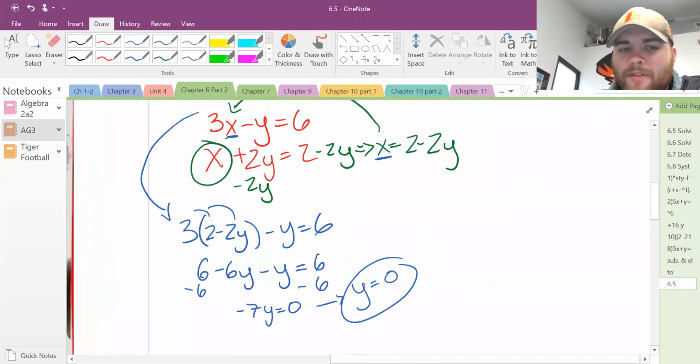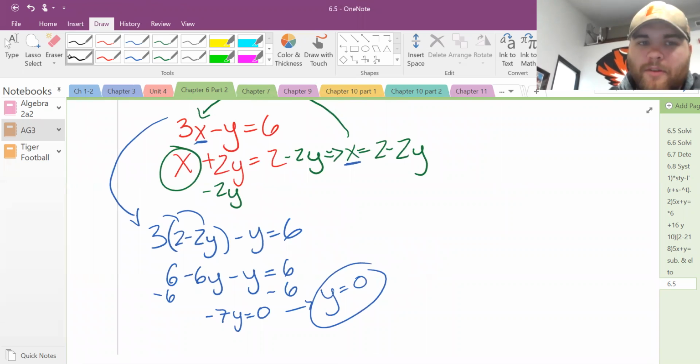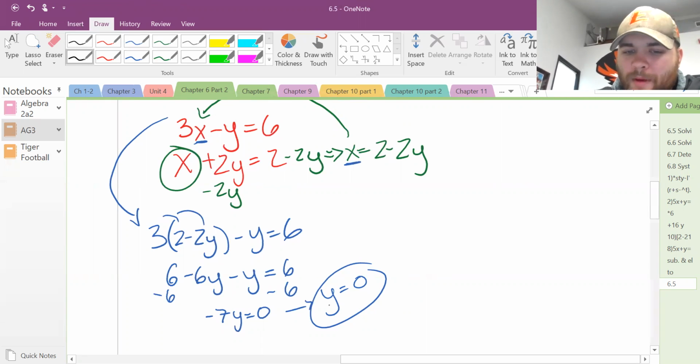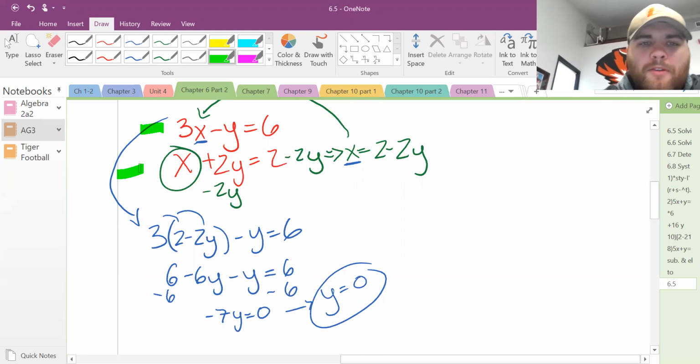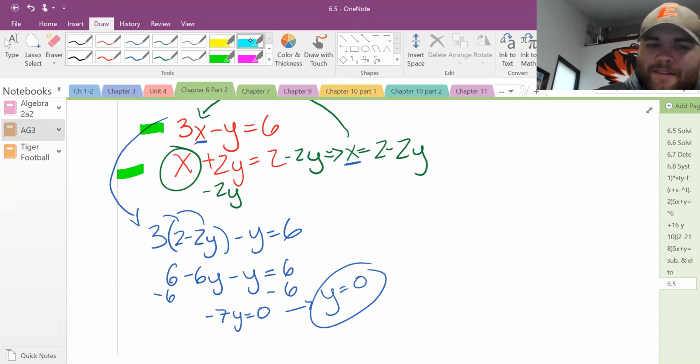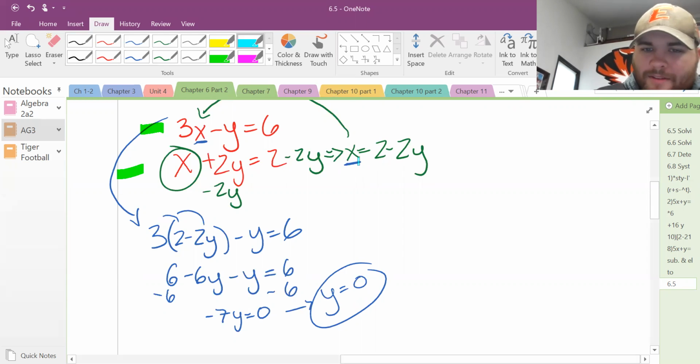Now here is the third and final step. I'll switch colors, I'll go to black now. I want to plug into one of my equations this y value to find x. But here's the deal. Most people either plug into the top equation or bottom equation. Yeah, we can do that. It would give us our x, but is it the easiest? I don't think so.